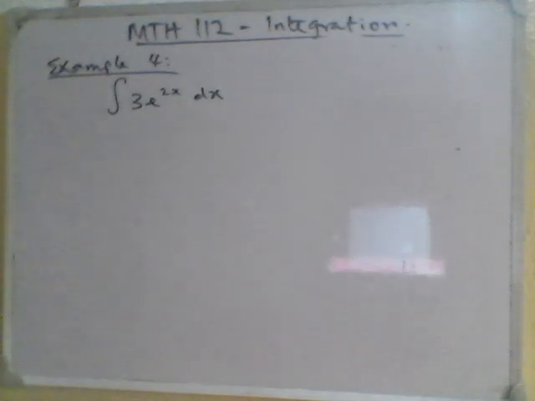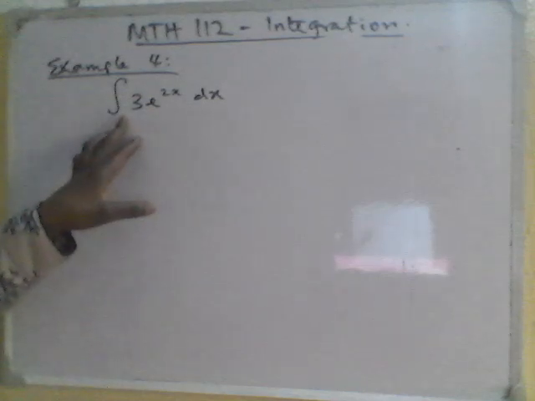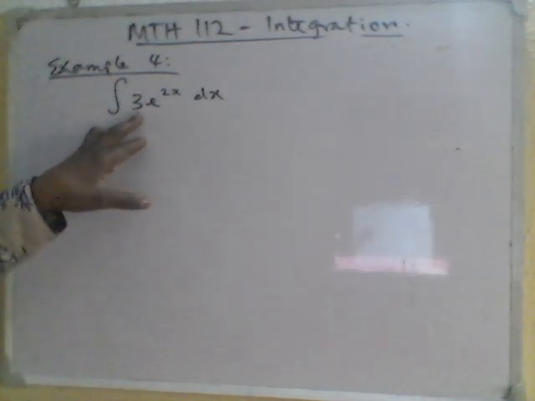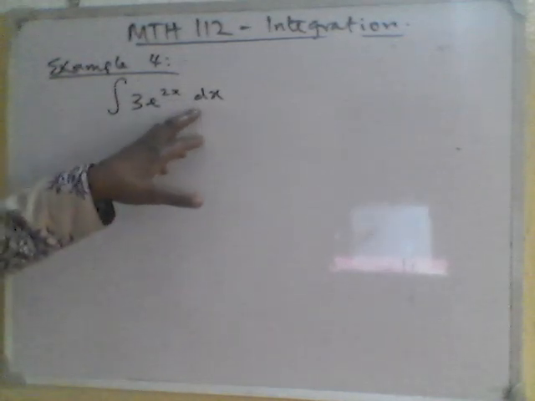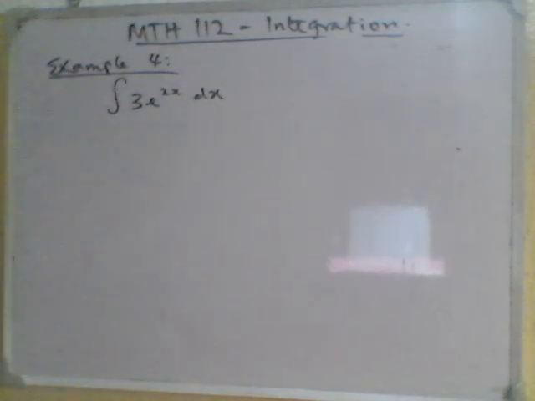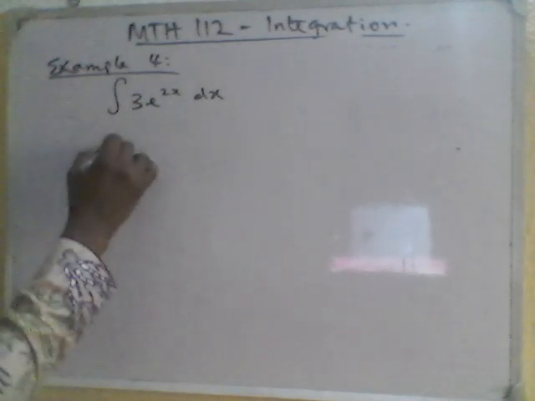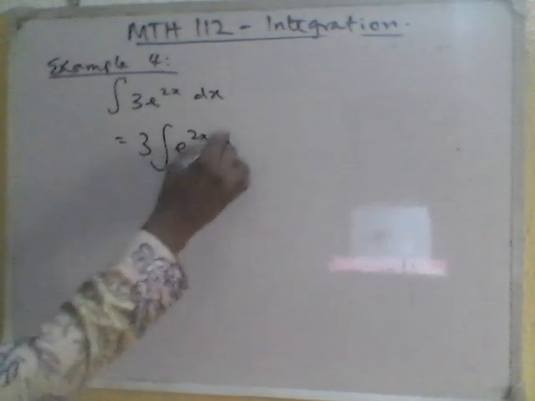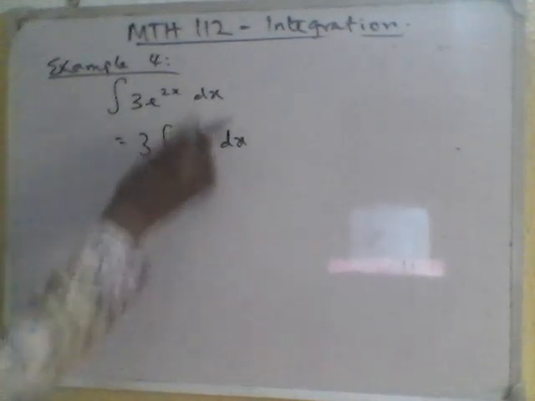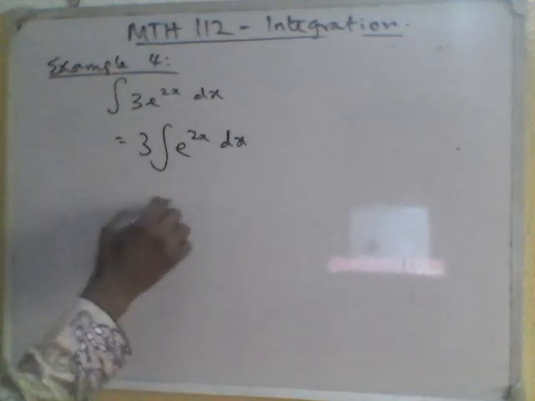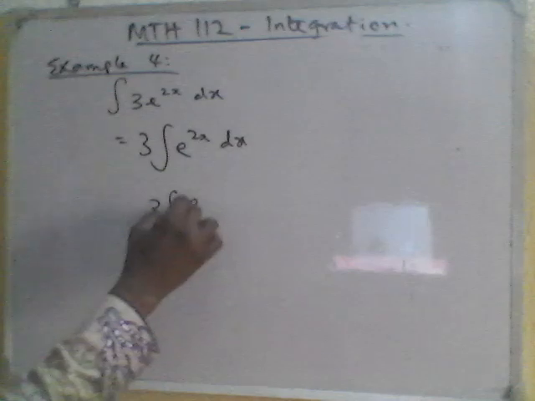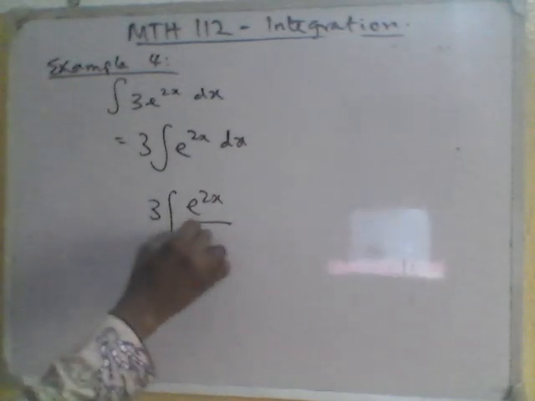Okay, so if I have this particular one on the board, integrate, that's the integral of 3 exponential 2x dx. Okay, so this one is a constant term, it can come outside. I can write it like this, 3 integral exponential 2x dx. So to integrate this one, you just do, that's 3 outside, then exponential 2x over 2.